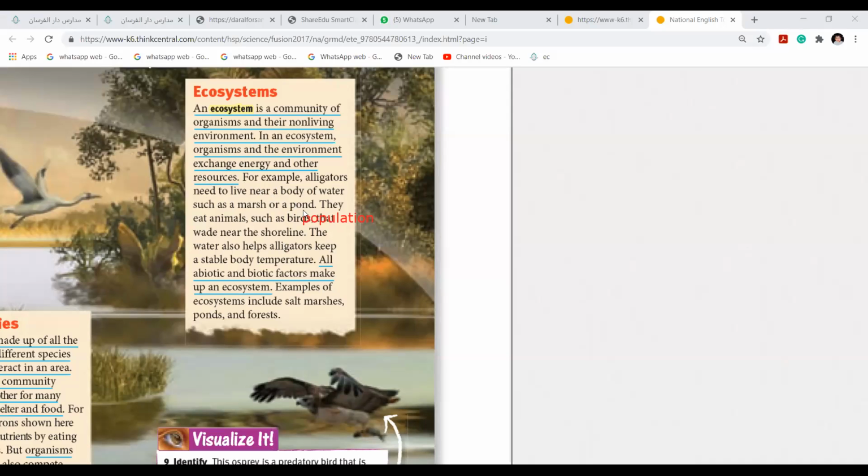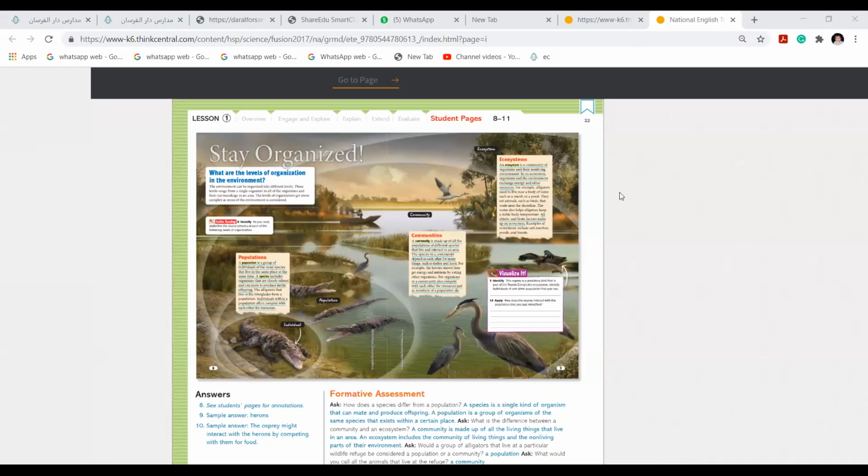In an ecosystem, organisms and the environment exchange energy and other resources. All abiotic and biotic factors make up an ecosystem. When I talk about ecosystem, it means both biotic and abiotic factors. Coming to next here.